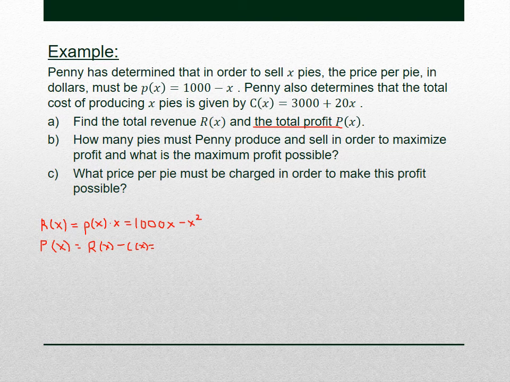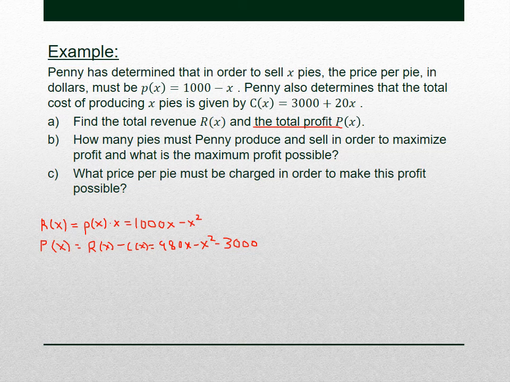I got 980x, that was our 1,000x minus 20x, the minus x squared from the revenue, and then the minus 3,000 from the cost. So that is our profit function, and that's all of part A.